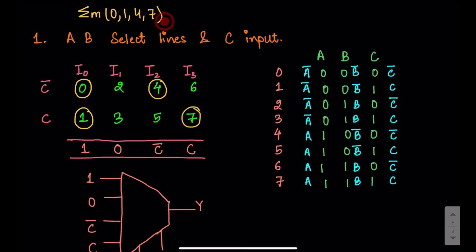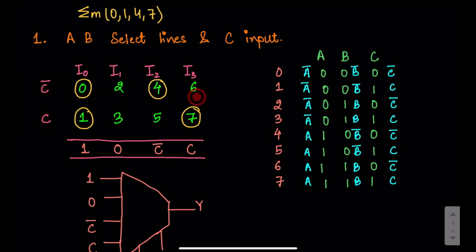What we do in this is write down the four inputs at the top, and then we write down the variable which is used as the input, once in the complemented form, that is C bar, and then in the original form, that is C. Now we have to fill in the numbers in this table. These numbers are filled depending on which variable is written at this side.